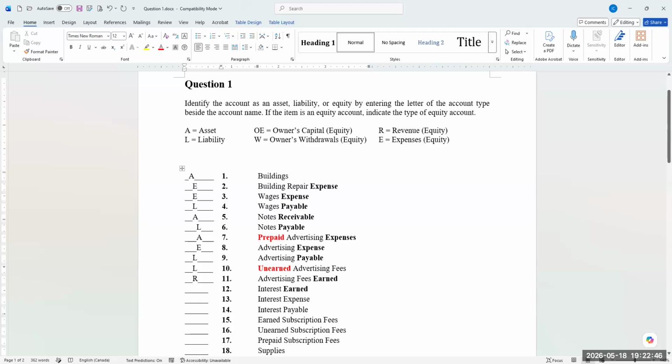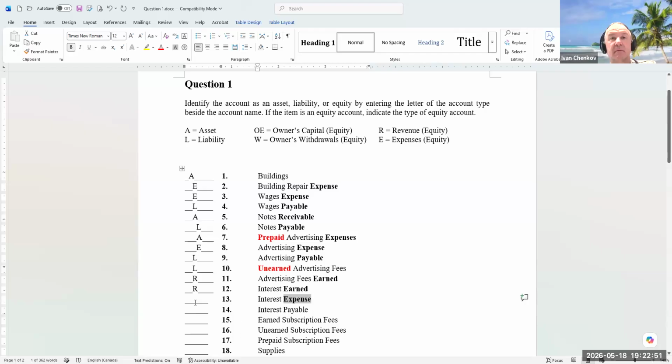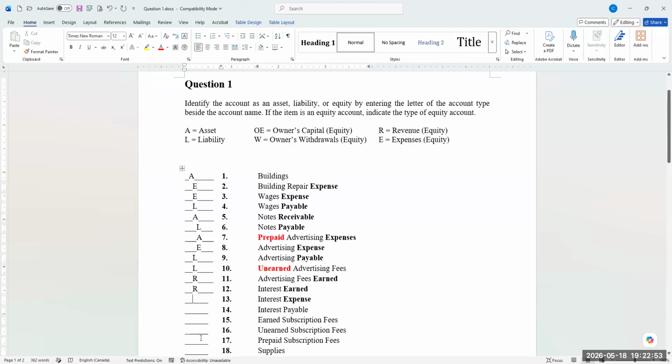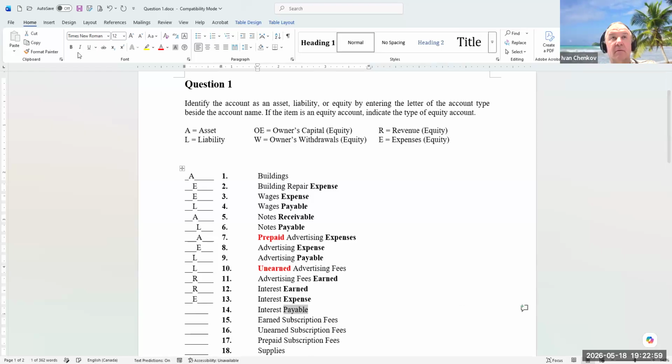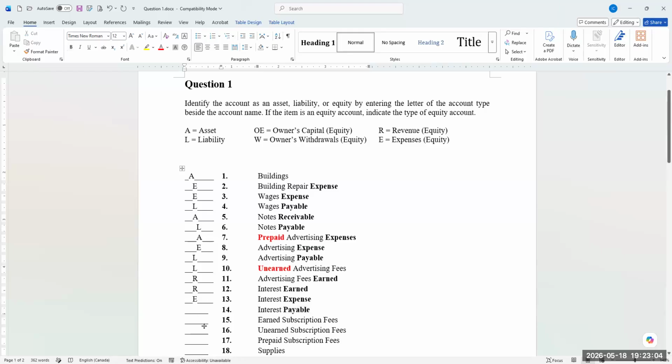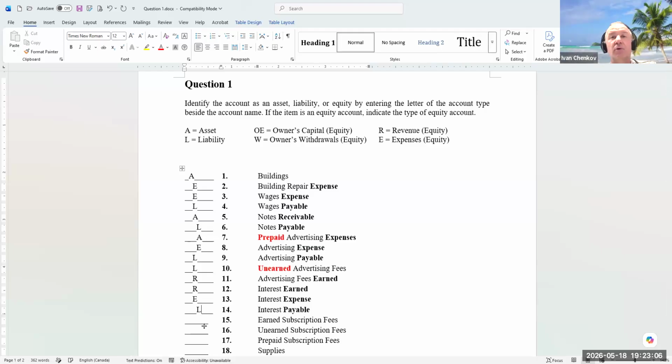Interest expense. Expense. Interest payable. Liability. What will be the asset? If we want to have interest, in order to make it an asset, what should I put after?